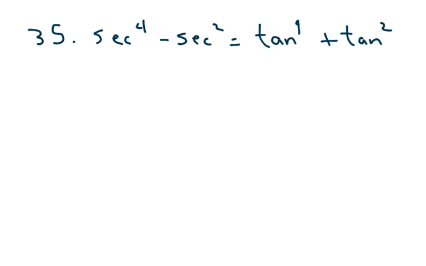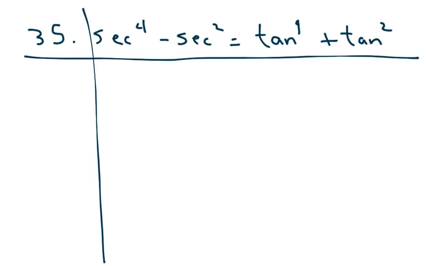Okay, this one is a little more complicated. I think our first reaction is to write this in terms of sine and cosine. But a lot of times I already know my identities, that secant squared minus 1 equals tan squared, so I'm not going to do that. I think I'm going to take this first piece and factor out the greatest common factor.